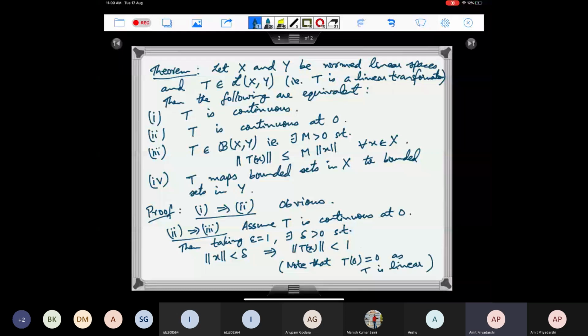So we have got this delta. If norm x is less than delta, then norm of Tx is less than 1. Now we want to find M such that for any x, norm of Tx is less than or equal to M times norm x. So how do we find this M?